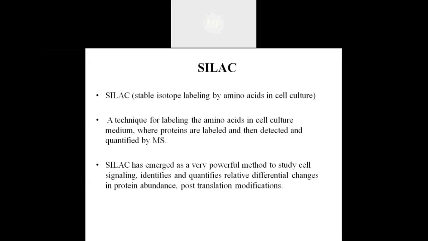SILAC has emerged as a very powerful method to study cell signaling, and to identify and quantify relative differential changes in protein abundance, post-translational modifications such as phosphorylation, protein-protein interactions, and regulation of gene expression. It can also be used to distinguish between the proteins secreted by cells in the culture and serum contaminants.